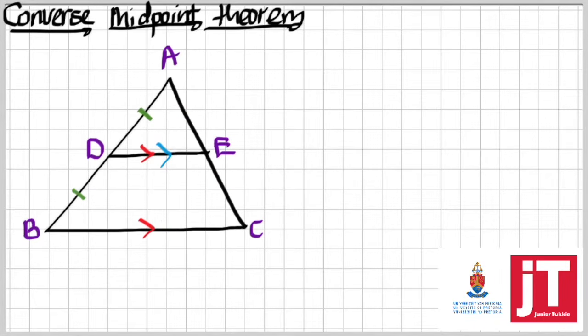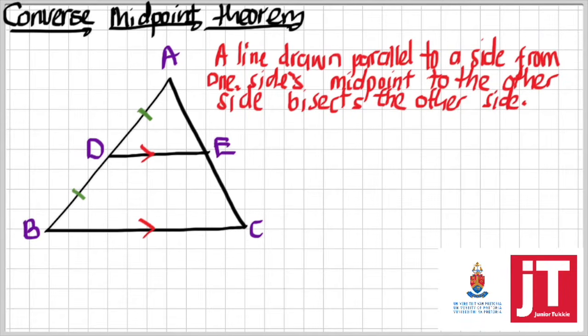So I'm going to take off all that so that I just go back to the original diagram. Then obviously I need to state the theorem in words, just like we did previously. So the converse of the midpoint theorem states that a line drawn parallel to a side from one side's midpoint to the other side bisects the other side.